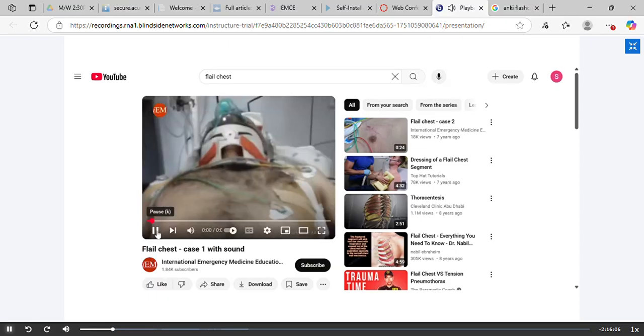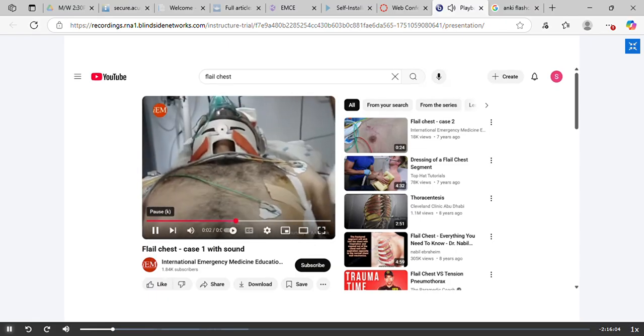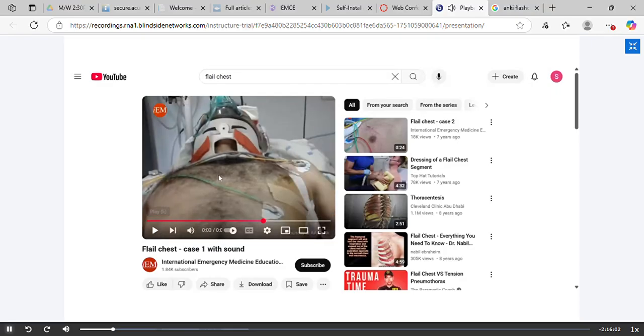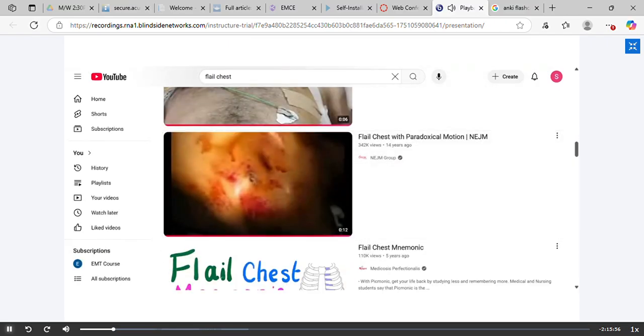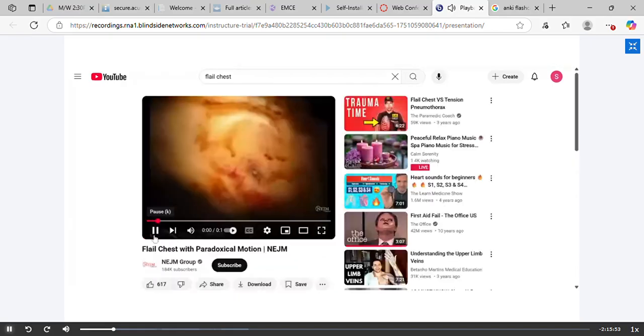Okay, that's pretty horrific. You can kind of see how the chest is going in, in segments where it's supposed to be going out. It's opposite. This is another really good one.